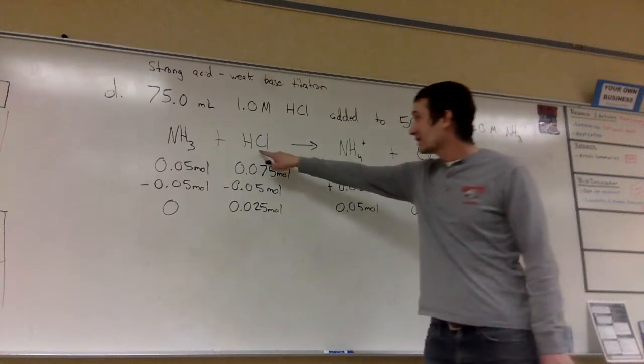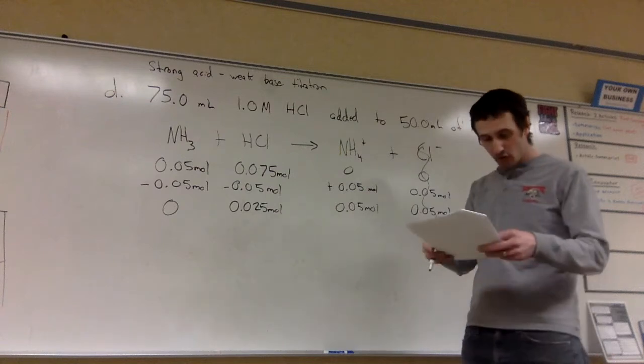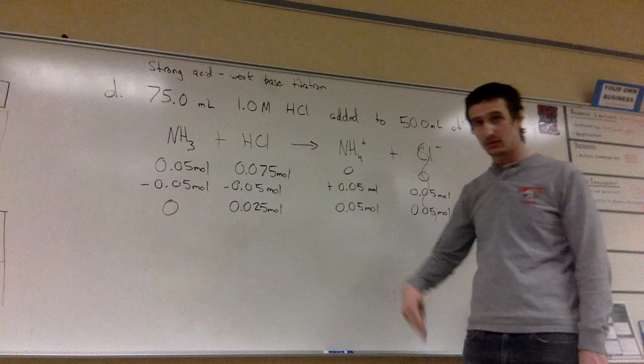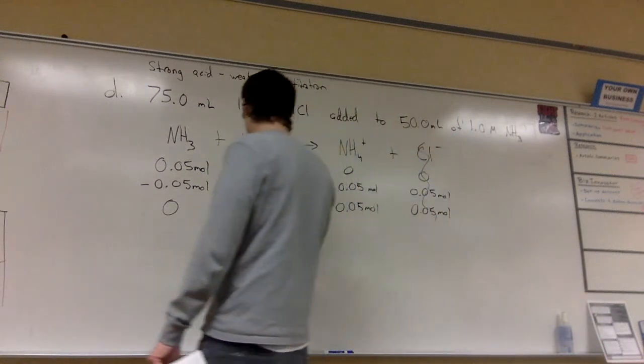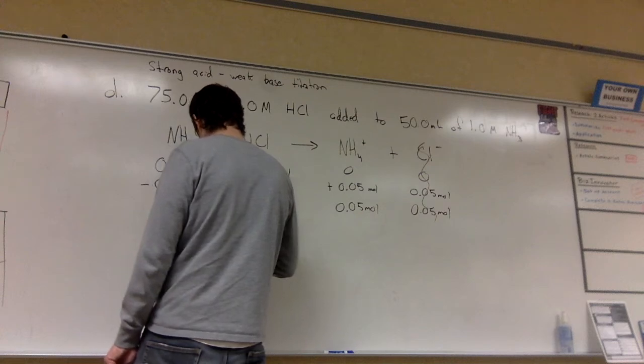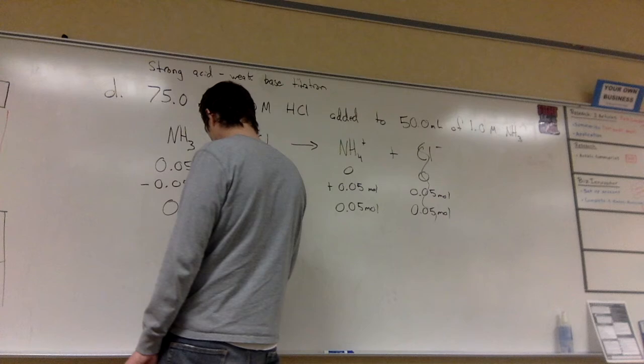Well, this is a strong acid, this is a weak acid, and so the strong acid ends up being much more important in terms of contributing to the pH of the solution. So the strong acid determines pH.